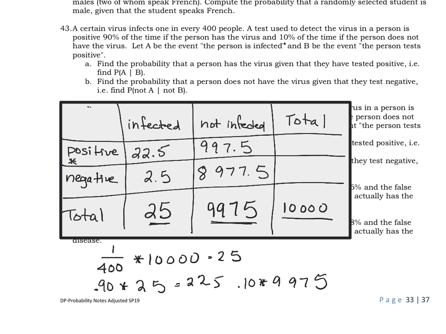Okay, at this point, to get the total of the number of people who tested positive, we're just going to add this row together, and that's going to give us 1,020. And to fill out the chart, we're going to take the 10,000 and subtract the 1,020, and that will give me 8,980.